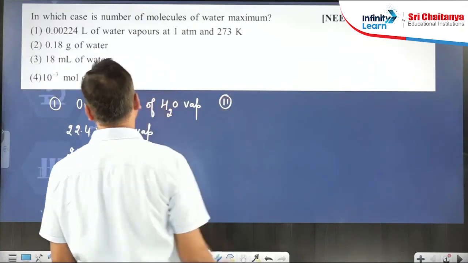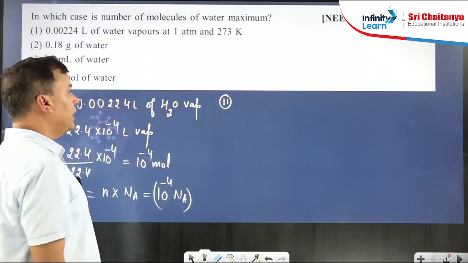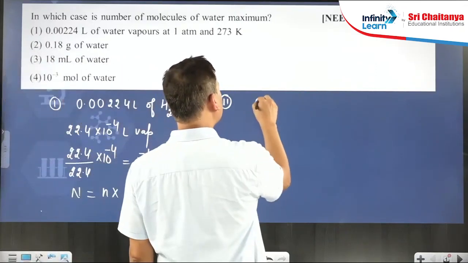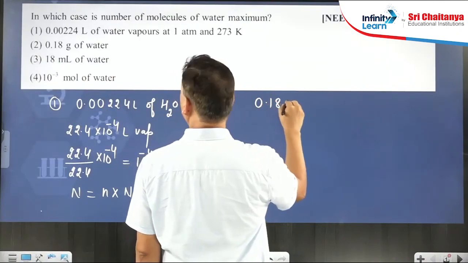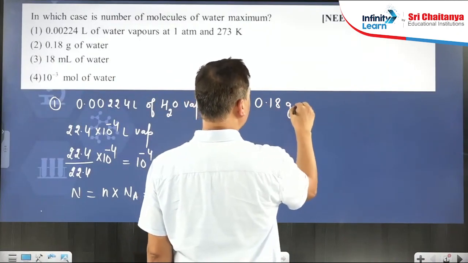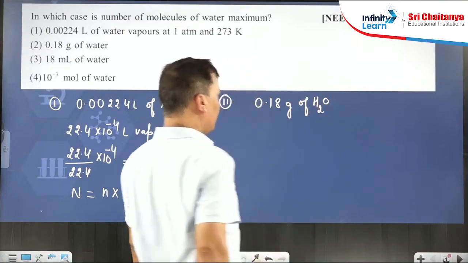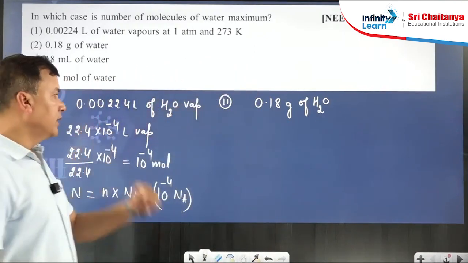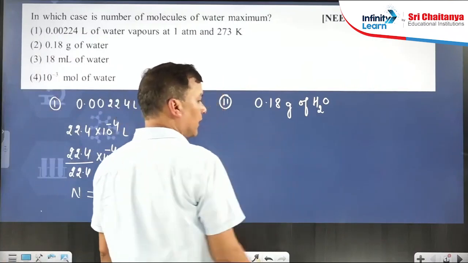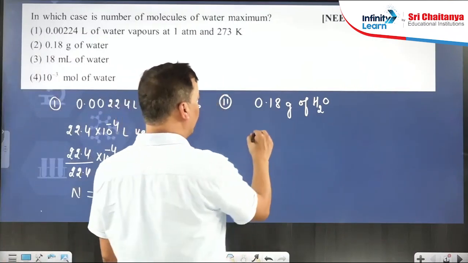Now look at option number 2. What do we have? Here is 0.18 gram of water. It is grams of water, not water vapors. So, dear student, first of all, we have to find the number of moles.